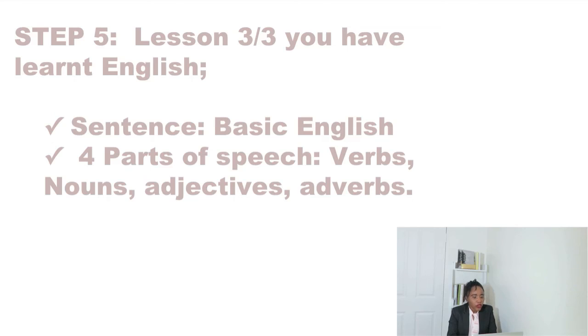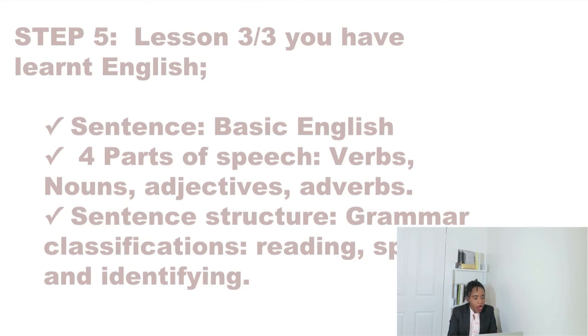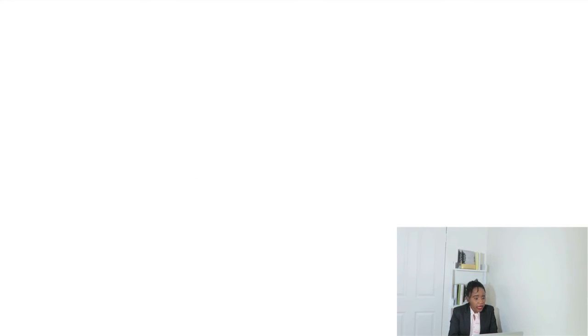In other words, your verbs, nouns, adjectives, and adverbs, as well as the function they perform. And lastly, we looked at sentence structure as well as the grammatical classifications through reading, spelling, and identifying exercises.